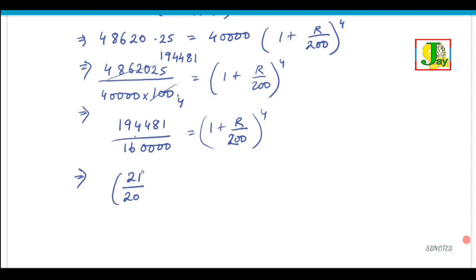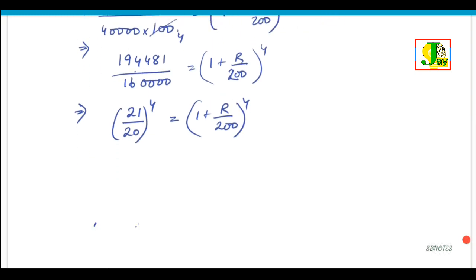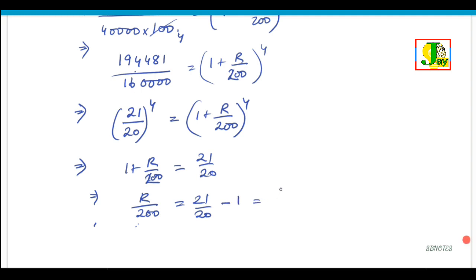Okay, that you need to find out. Then this is 1 plus r by 200 whole power 4. Now if we equate the base, since the powers are equal, r by 200 equals 21 by 20 minus 1, that is 1 by 20.